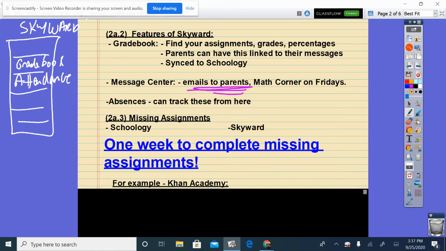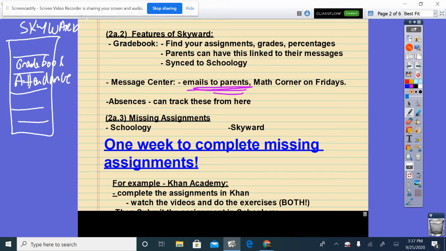Now, regarding missing assignments, I'm going to give you one more week to complete them. The way it works is that Schoology syncs information to Skyward. So I enter the grades and create the assignments in Schoology, and they're transmitted over to Skyward.